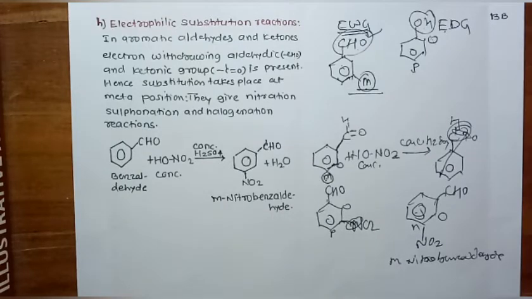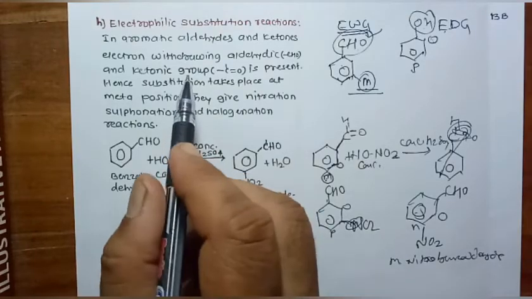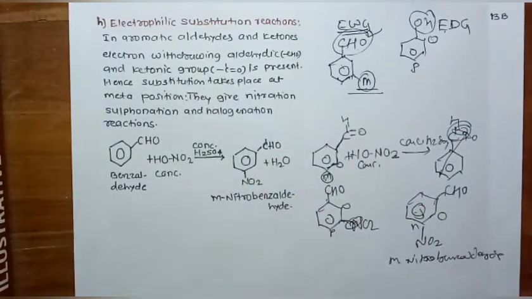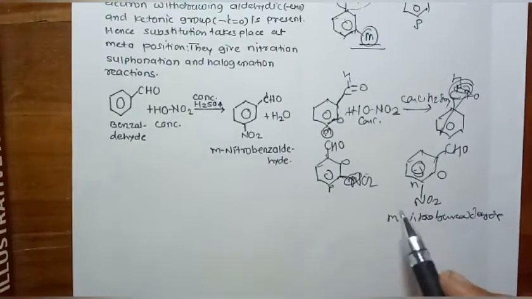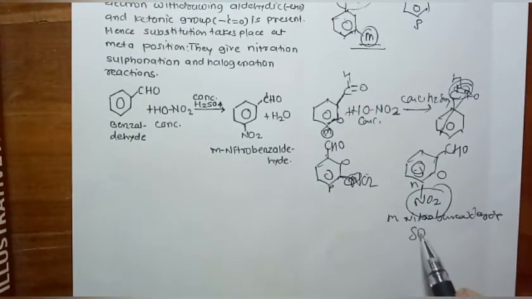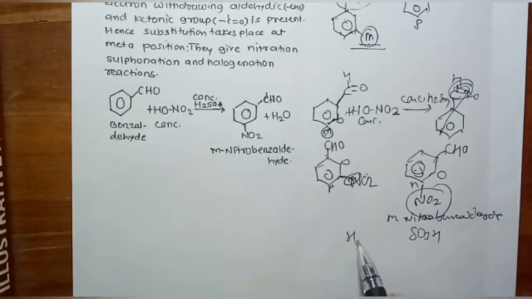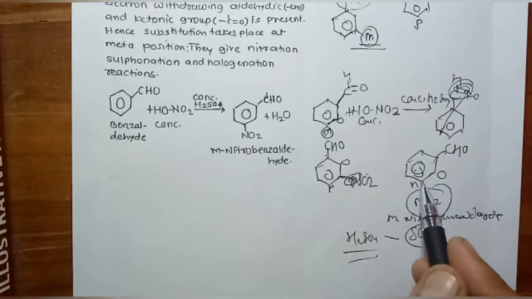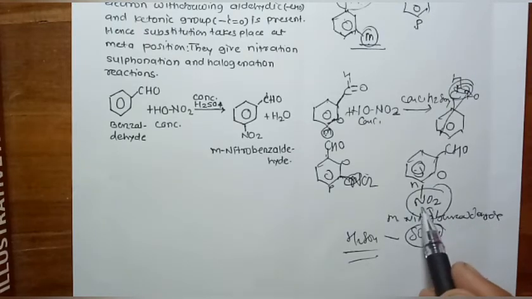Similarly, you have to do the homework. Similarly you have to do the reactions, that is the sulfonation reaction as well as halogenation. In sulfonation, instead of this NO2 group, SO3H, react with H2SO4. Reaction with concentrated H2SO4, the SO3H group is attached to the meta position, instead of NO2 it is SO3H.